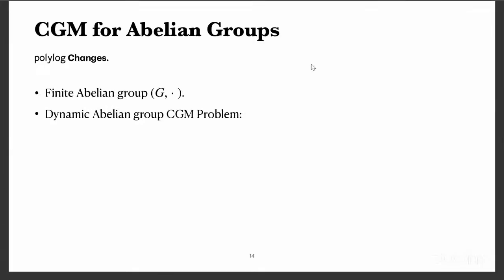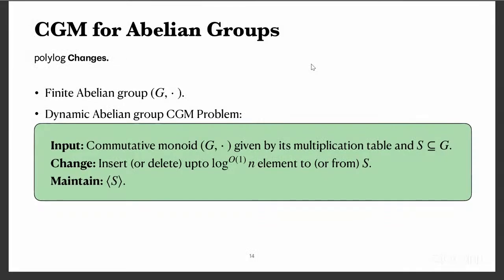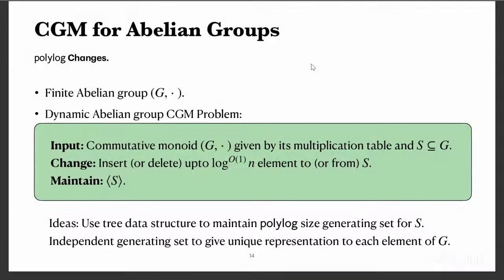So for polylog changes, the idea is you have this group and you want to make polylog changes to the generating set, and you want to maintain the span of the generating set. And how do you do that?